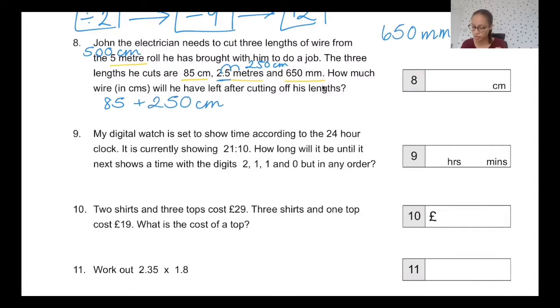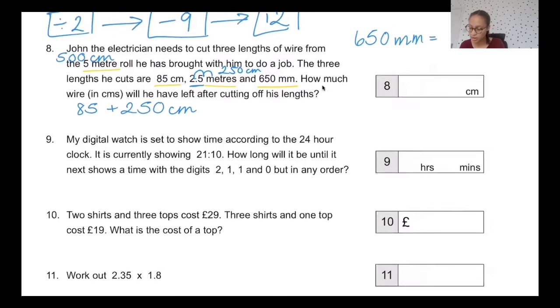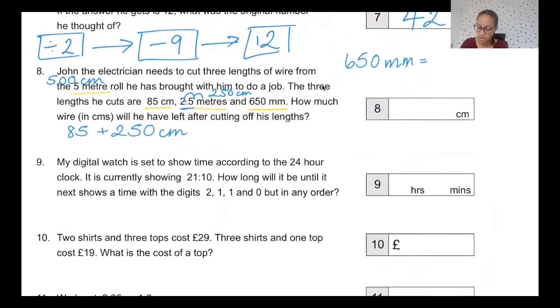Now, if you weren't sure whether to divide or multiply, I would recommend writing the conversion over the top. So, 10 millimetres equals 1 centimetre. We've put our millimetres from the question underneath, and then we can put an arrow in. 10 to 1 divides by 10, so we know we have to divide this by 10 as well. So 650 millimetres is equal to 65 centimetres.